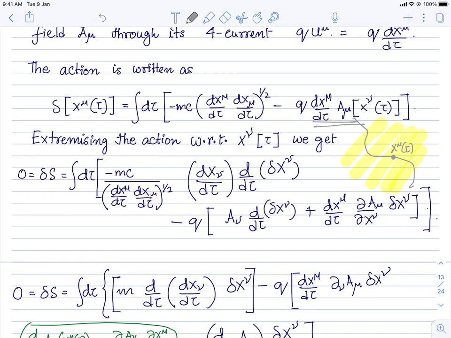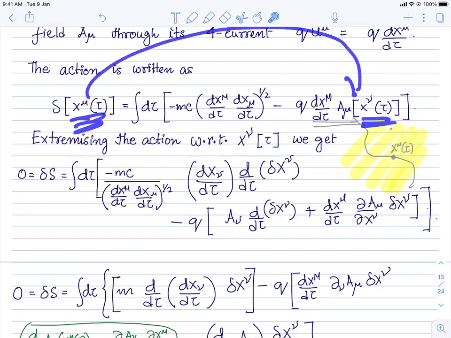This is the local interaction that I have been mentioning. The particle dynamics at this point doesn't care about what the gauge field is doing at some other point. It just cares what the gauge field is doing at the location of the particle, and that's why this is the same degree of freedom, the same function, that also enters into the argument of the gauge field. This is very important.